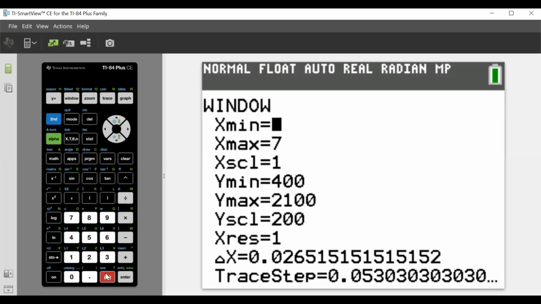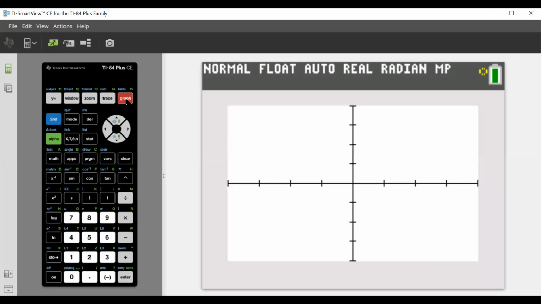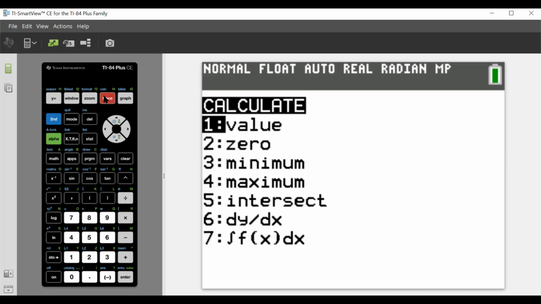So maybe a negative 40 to, actually, we better do a negative 80 to 80, and we'll go by 20, and then negative 80 to 80 and 20. All right, so we have a number there, so we're good. Now we're going to do the calculate, and we're going to calculate the zero.